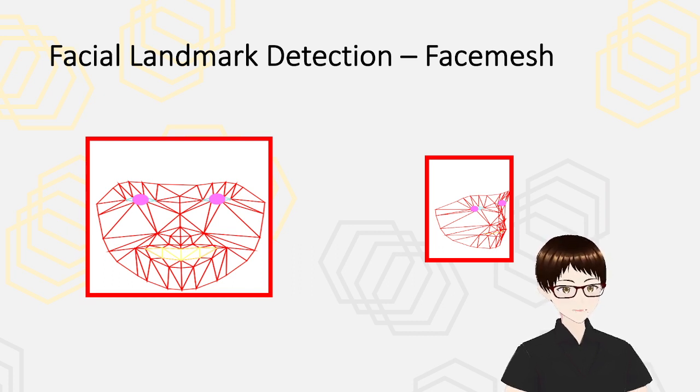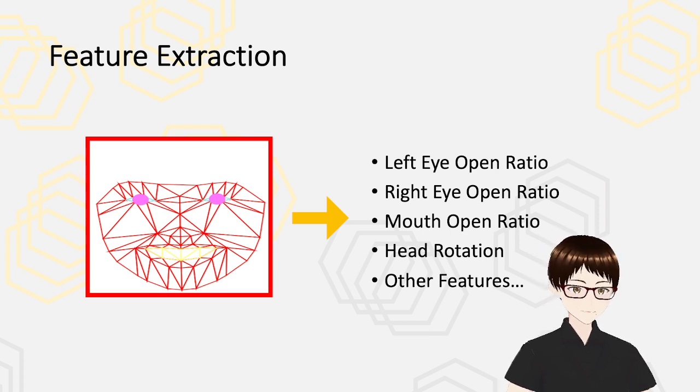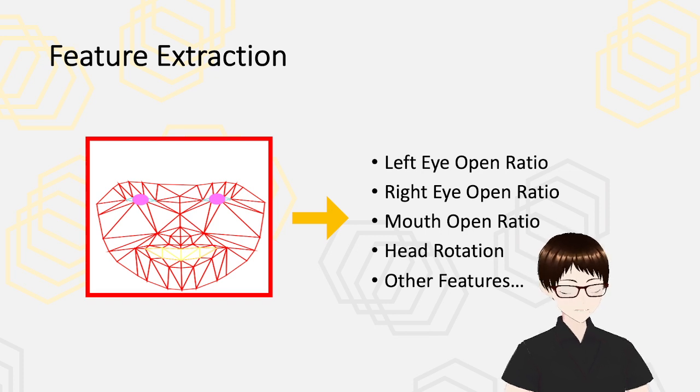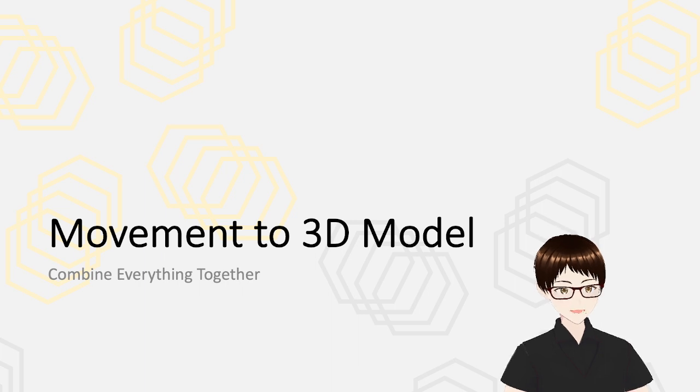So we can combine these positioning information and turn that into the features that we need: eyes open ratio, mouth open ratio, our head rotation, iris position, and also other information if we would like. And we have all this information together.